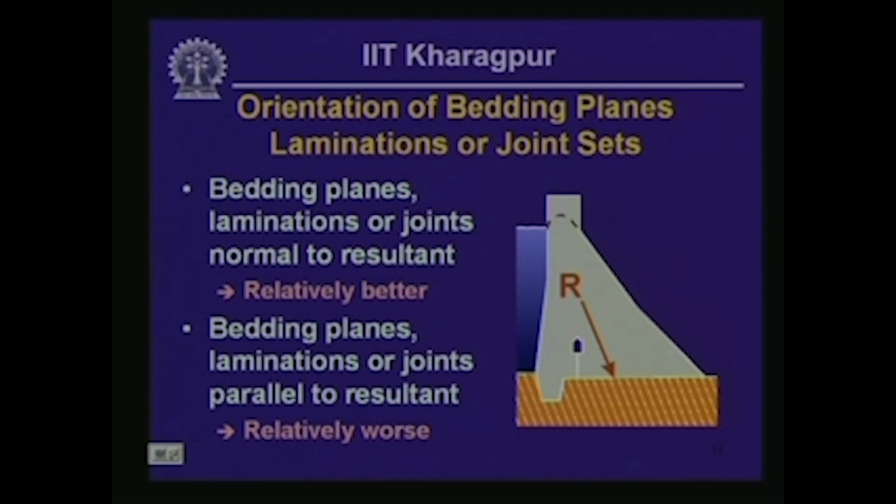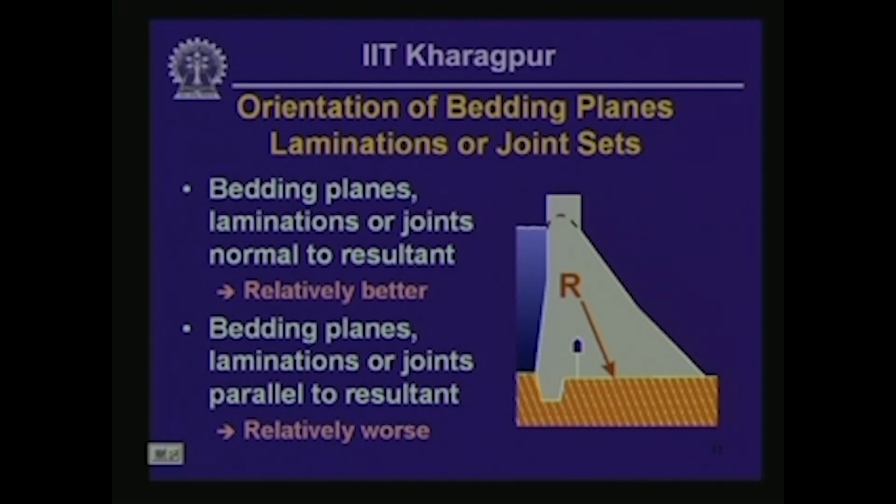So that is illustrated in this particular sketch. This is again the same gravity dam that we considered earlier. Now here we have got the resultant parallel to the direction of the bedding planes of the jointed rock underneath the dam body.